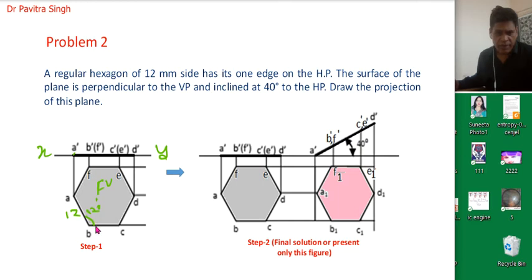Point F and B will be on the same point, and points E and C will be on the same point. So this is our front view.